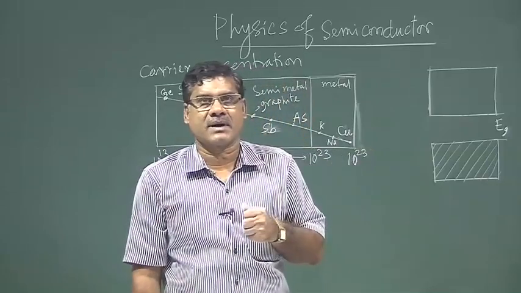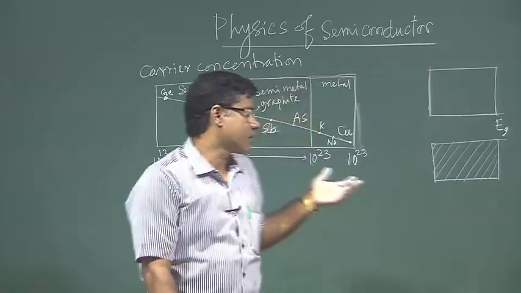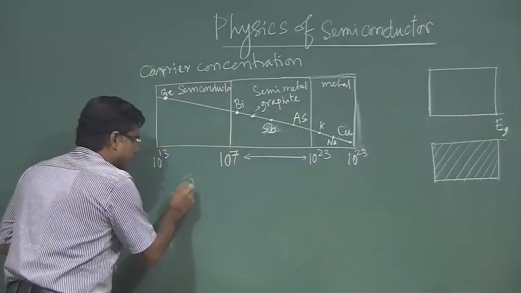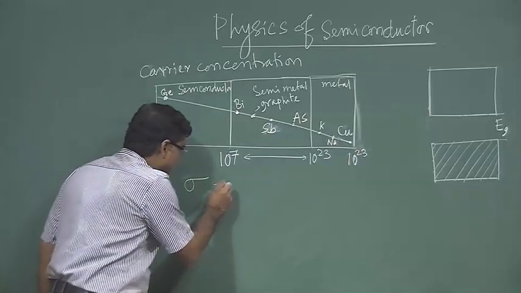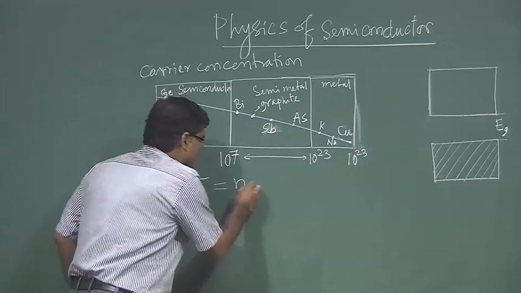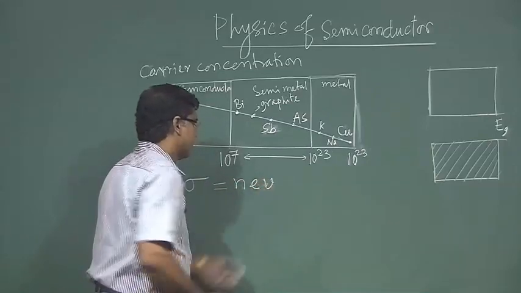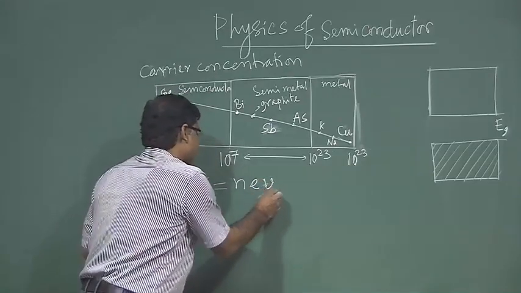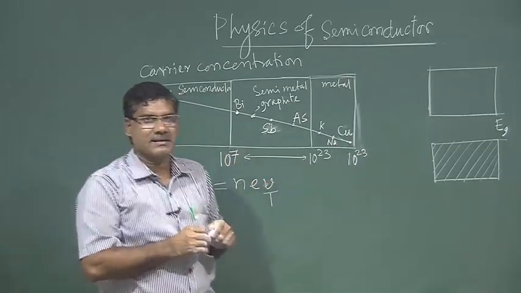Knowing the concentration of the material, one can also tell about its electrical property, because electrical conductivity depends on this concentration. What is the electrical conductivity? That is N, the concentration of carrier, N e v, drift velocity, divided by E, because that N e v is basically the current density.